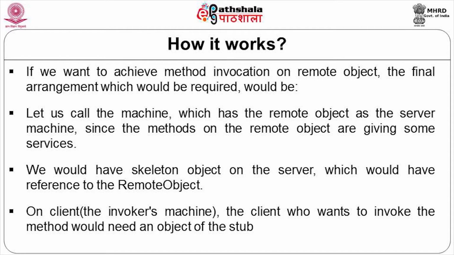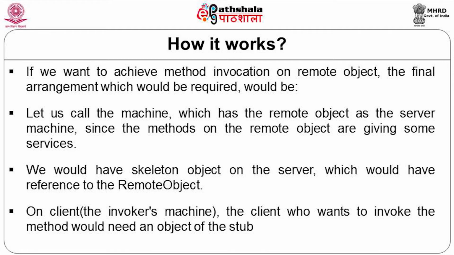So let's call this machine a server machine. And so we have a server machine on which we have a remote object. We would need to have ultimately another object, the skeleton, which would have a reference to the remote object. So this is the arrangement on the server side.